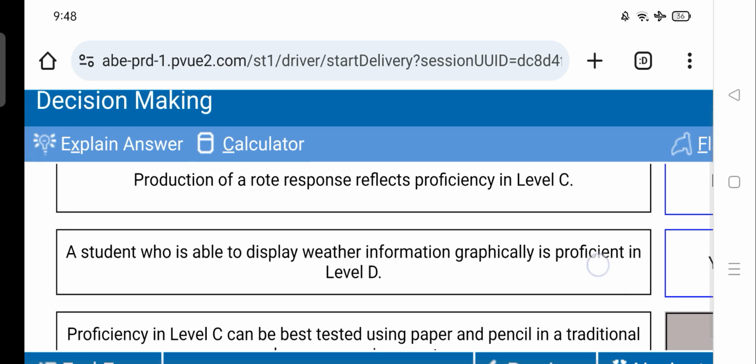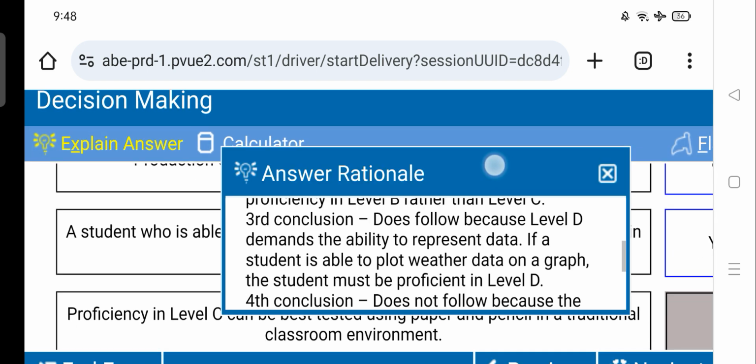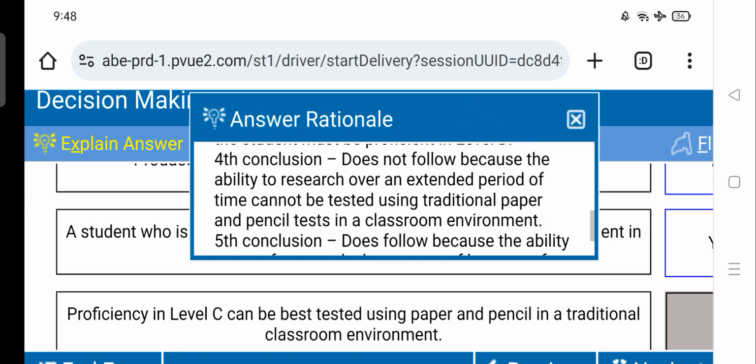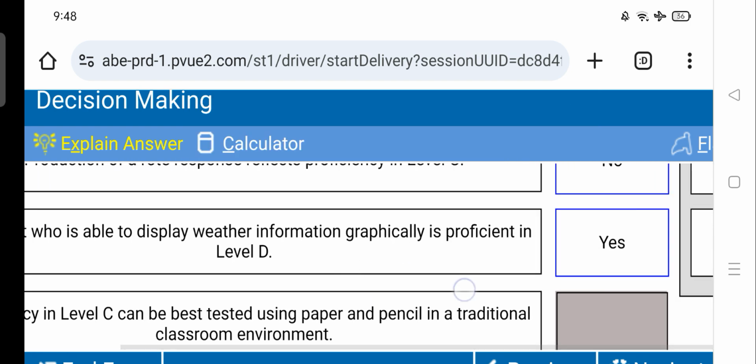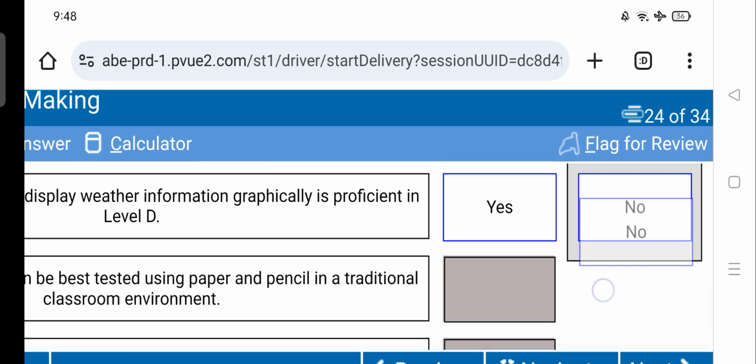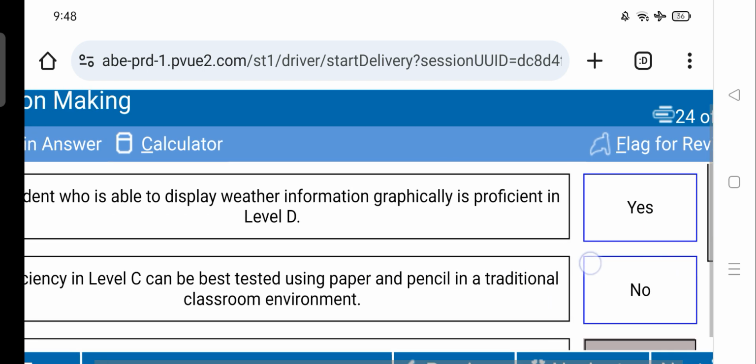So the fourth conclusion, it does not follow because the ability to research over an extended period of time cannot be tested using traditional paper and pencil tests in a classroom environment. So it does not follow, so it means we will drag a no and drop it here in front of this conclusion.